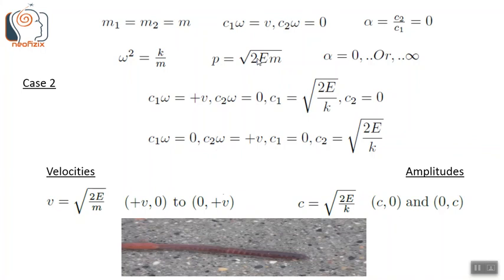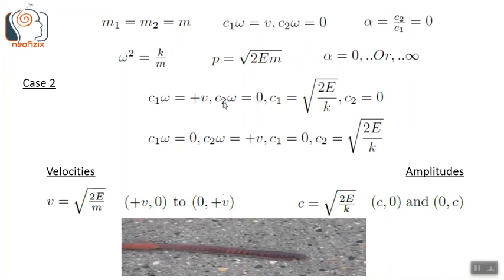Here E is the net energy. So P is proportional to square root of E. With this omega value, we get two possible values for alpha. Alpha can be 0 as seen here, and alpha can also switch to infinity. So alpha can be 0 or infinity.